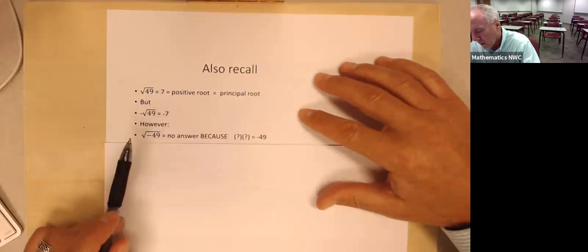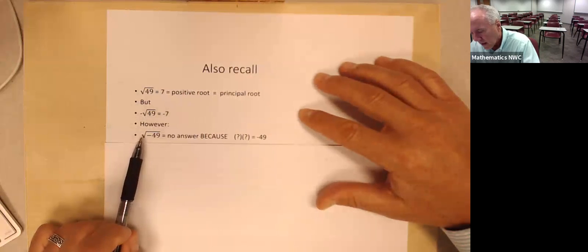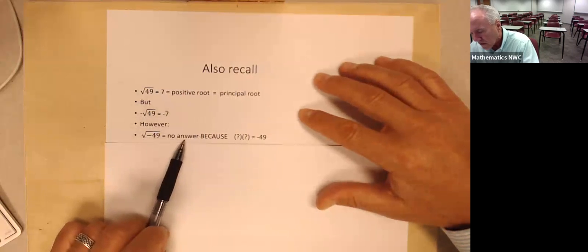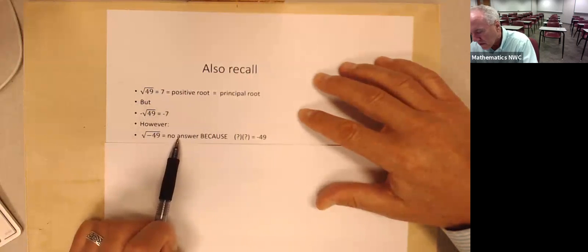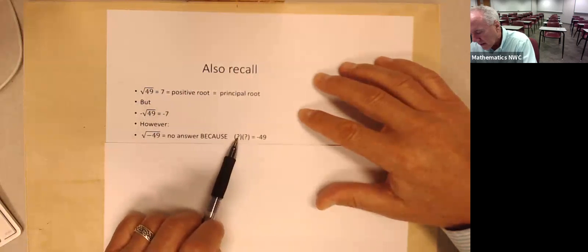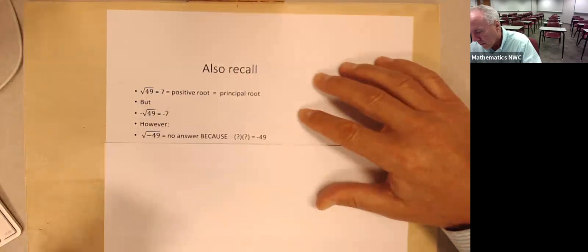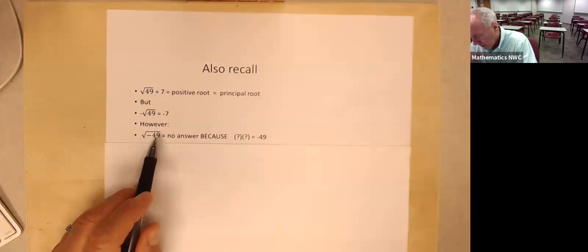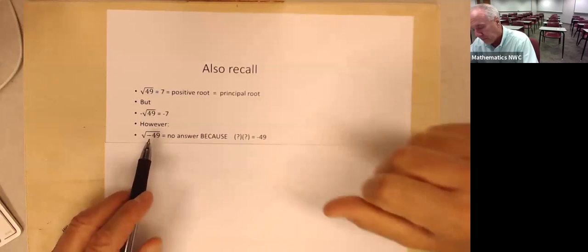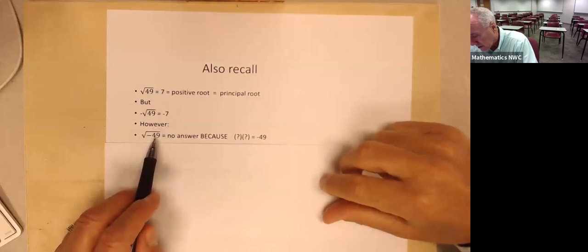This is the one that's quite important for us today as well, the square root of a negative number. We say it has no answer because if I had an answer, if I had taken it times itself, I would have to get a negative 49. Some people think, excuse me, this should be a negative 7.